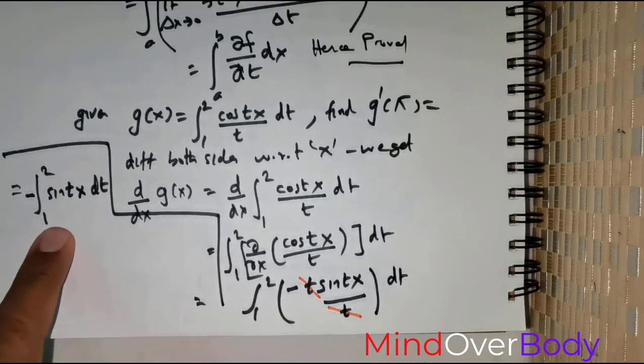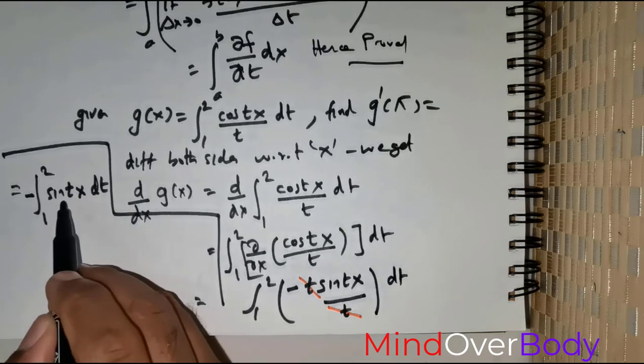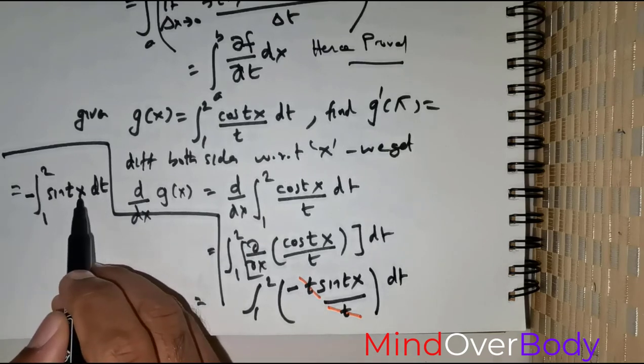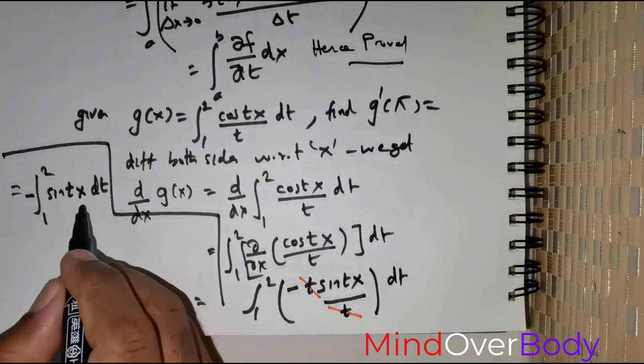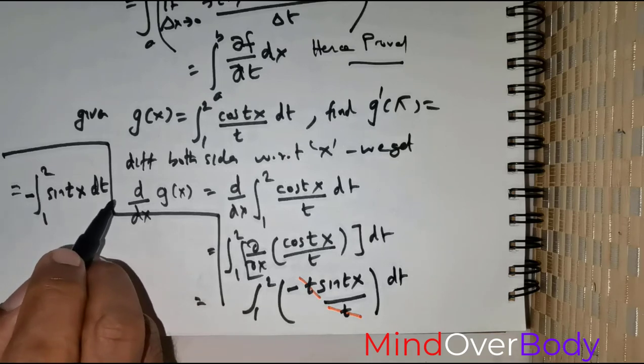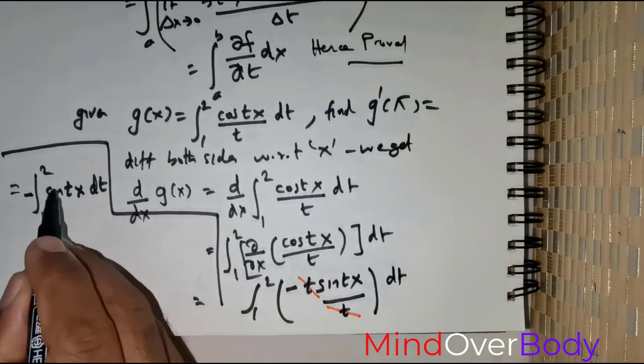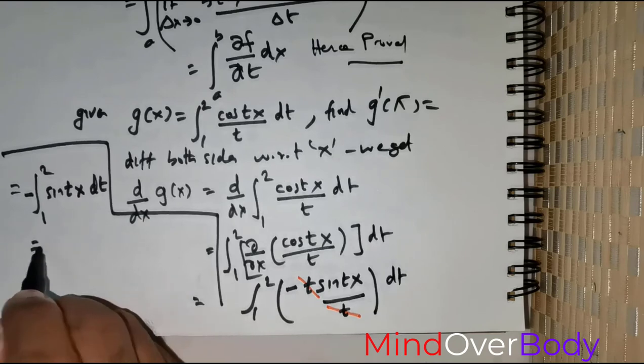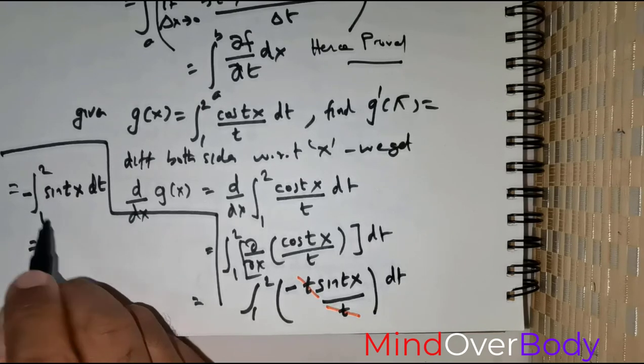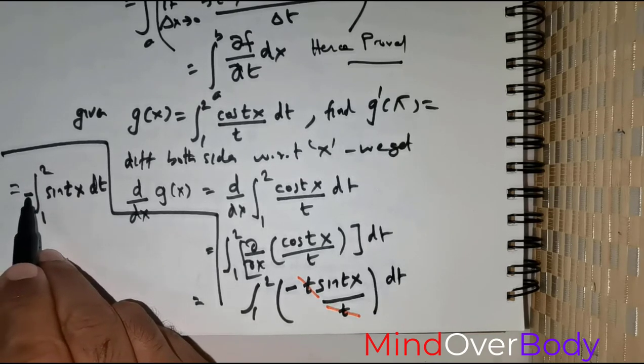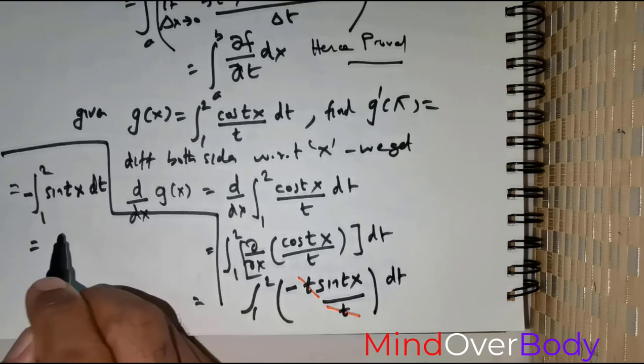So now we can integrate. This integration is done with respect to t, and x is kept as a constant, so we have no issue with that. If I were to integrate sin t, there is going to be a presence of a negative sign. That negative sign will get neutralized by this negative sign.